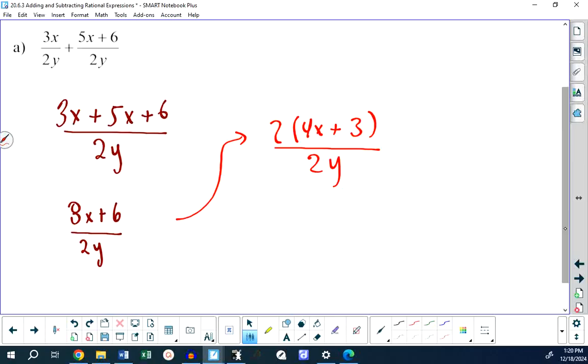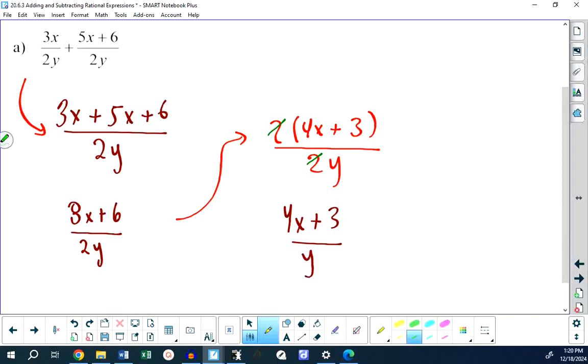You understand that as soon as we put these together and get here, we're talking about what we learned how to do on the first day of this unit, simplify a single rational expression. You do that by factoring and canceling. So now I have a factor of 2 in the numerator and a factor of 2 in the denominator. That means I get 4x plus 3 all over y.